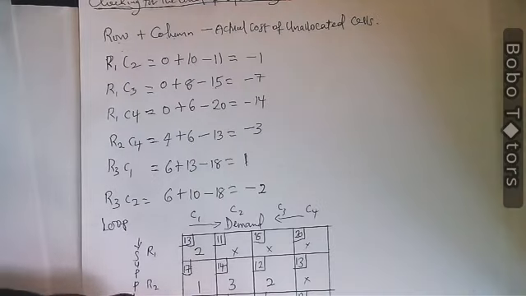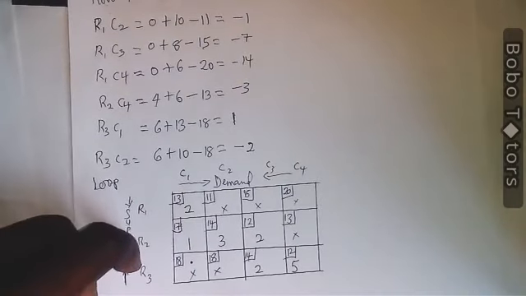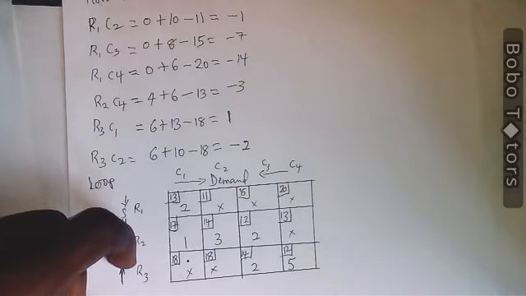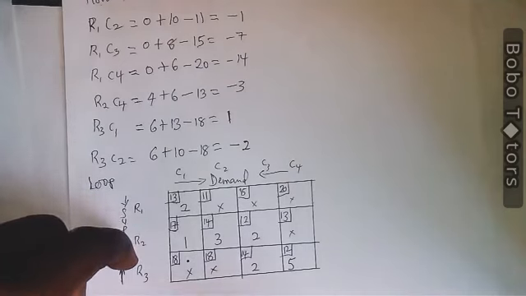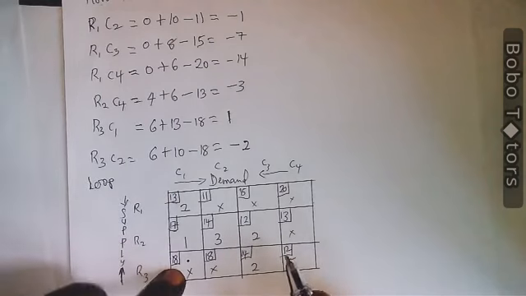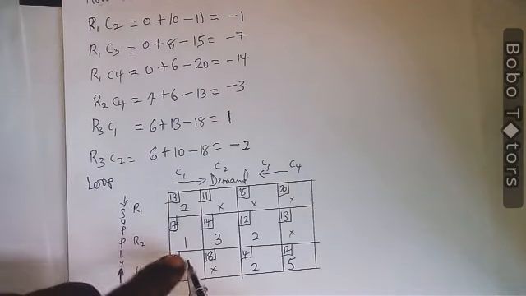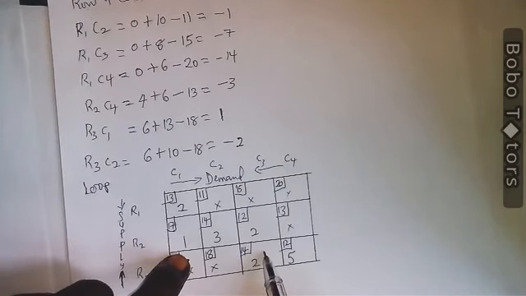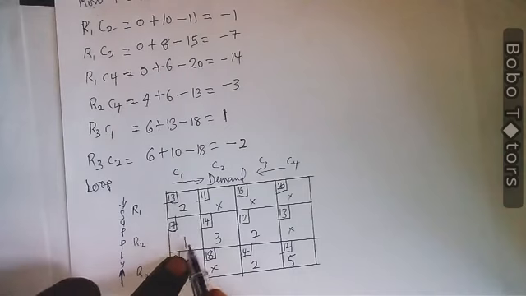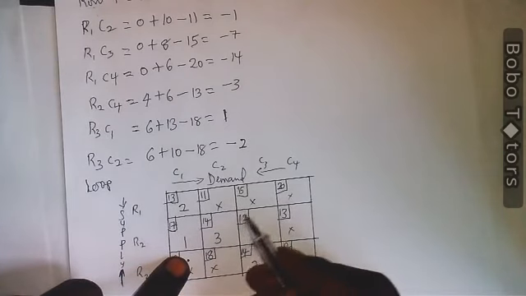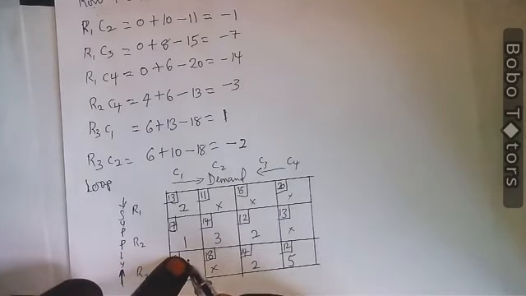Whenever you are looping, please take note that you must loop to cells that are allocated. Never make the mistake of looping to an unallocated cell. Now I will start my loop from here. I can go like this, or I can go like this. Do not loop diagonally. You can loop vertically or horizontally.